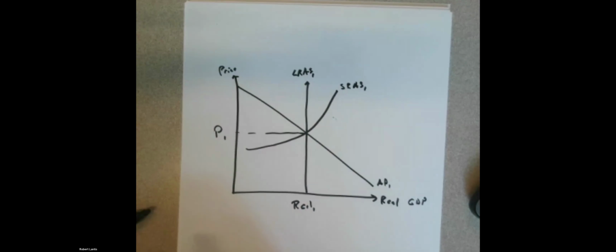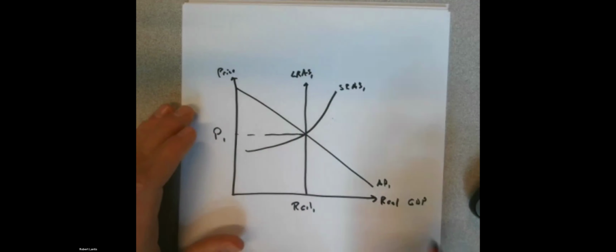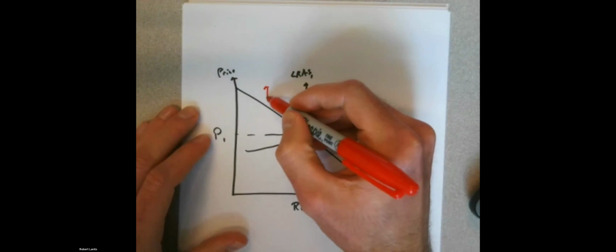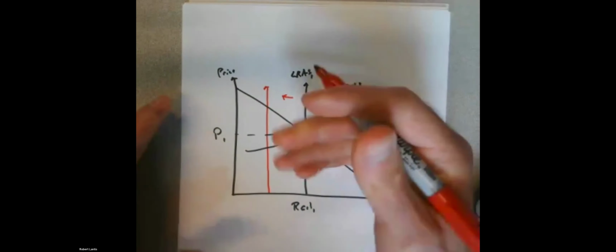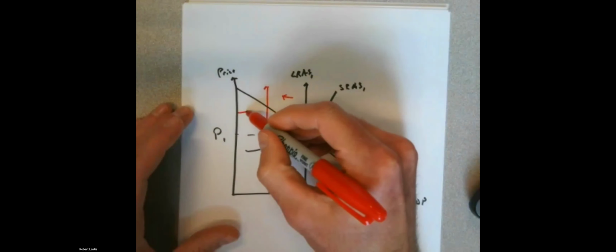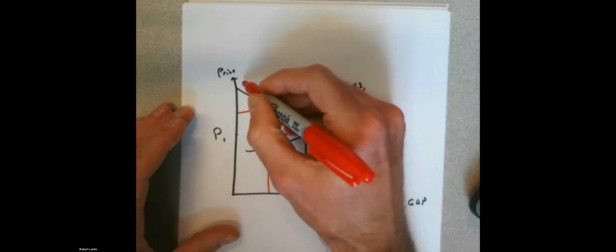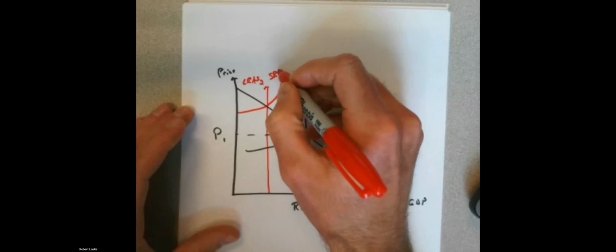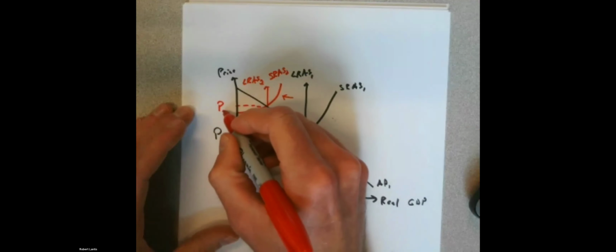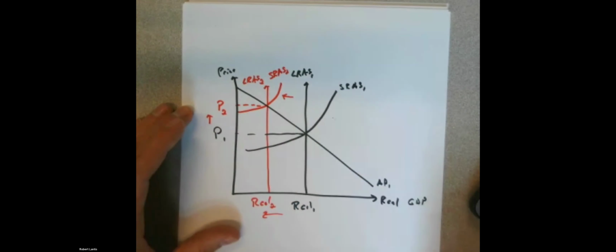If we saw something that decreased both of these, maybe a decrease in our labor supply, we would see once again a leftward shift, which represents a decrease in supply. So our new long run aggregate supply and our new short run aggregate supply are here. That would push prices up, but cause our real GDP to decrease.